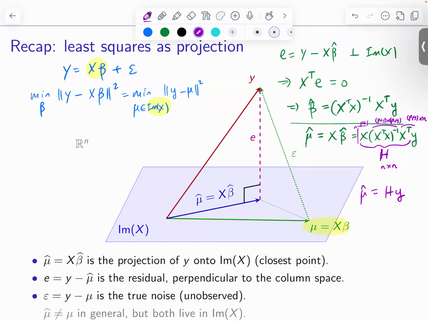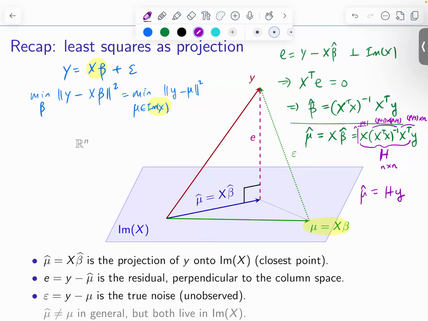And so for that reason, you can call it the projection matrix or orthogonal projection matrix. How many people have seen this matrix before? Okay, one person. Okay, two.